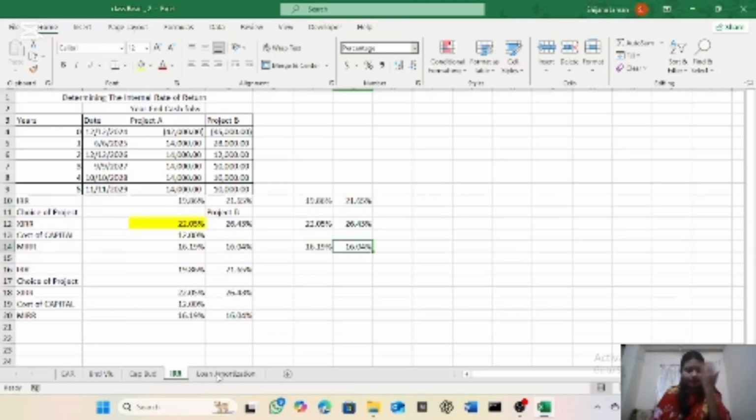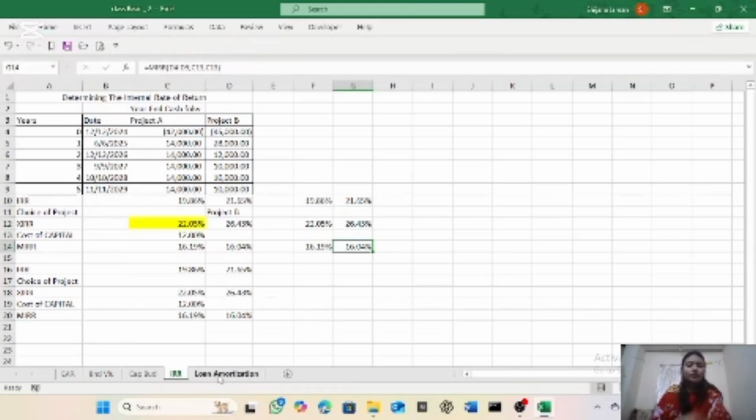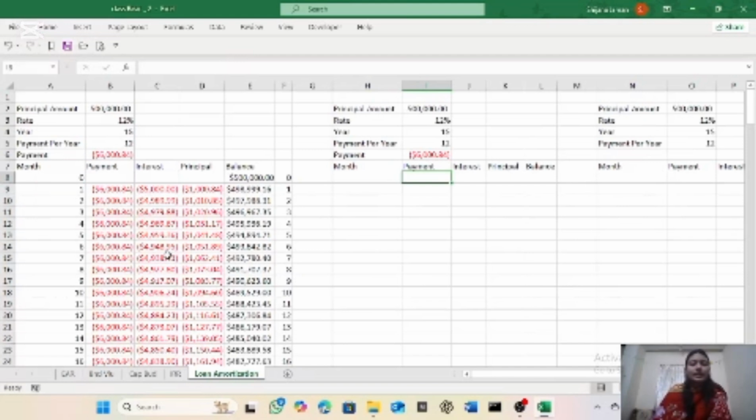So yeah, now we are calculating loan amortization. For loan amortization, our month would be 0.